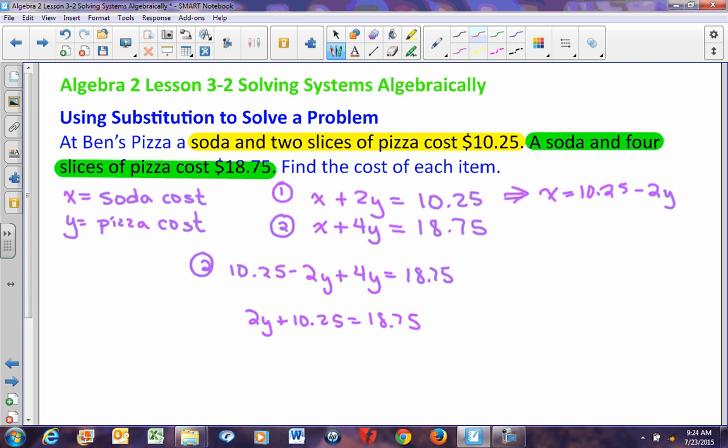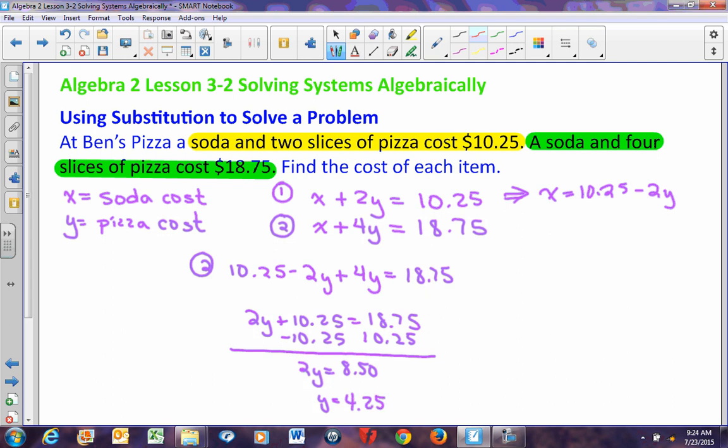Now I will subtract 10.25, and I will get 2y equals 8.5, or $8.50. Divide that by 2, y equals $4.25.